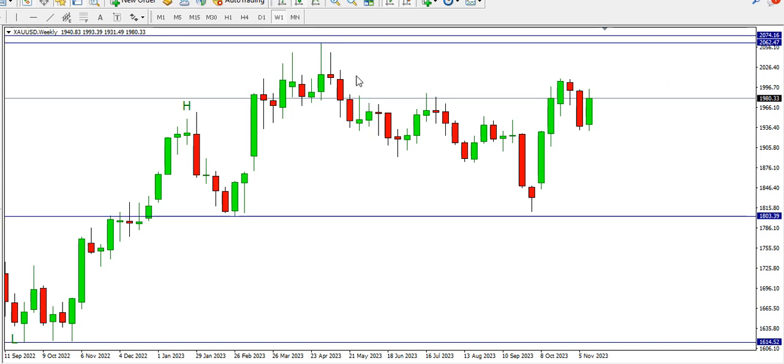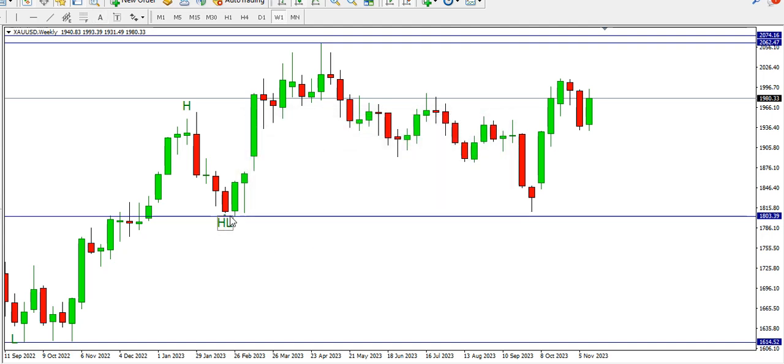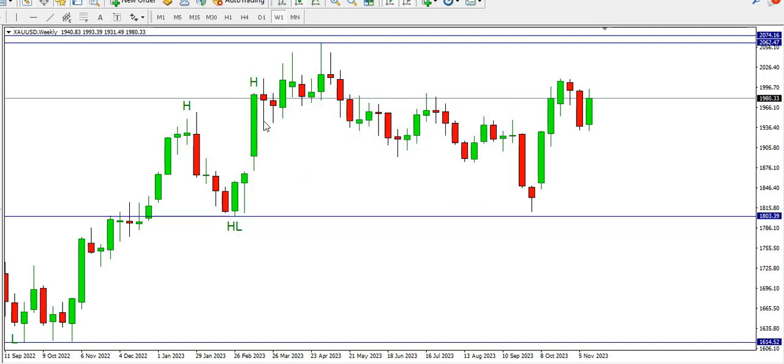But let's look at what happened within. We have a higher low, still on the weekly time frame. Then there's a higher high. Let me correct this.